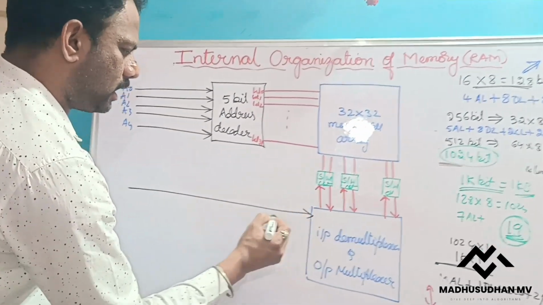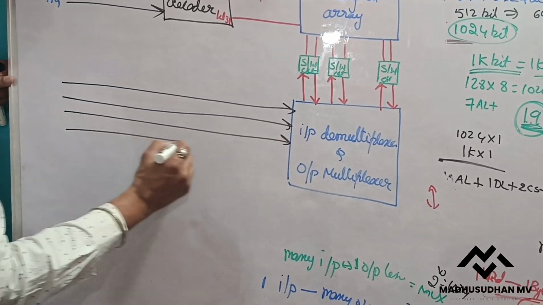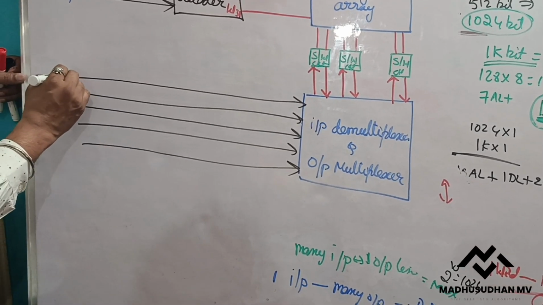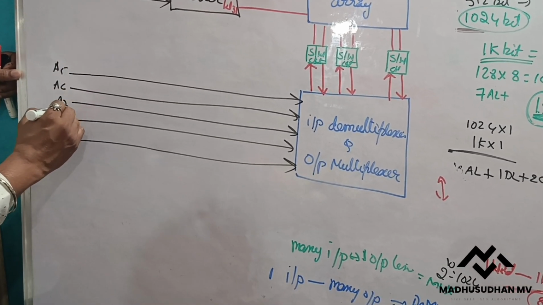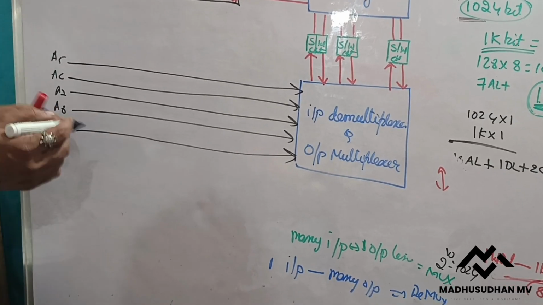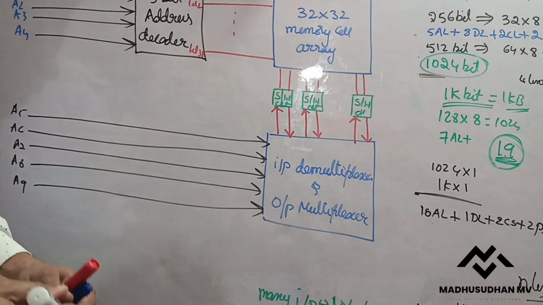So 5 lines: 1, 2, 3, 4, 5. This I will continue: A5, A6, A7, A8, A9. Totally 10 address lines.